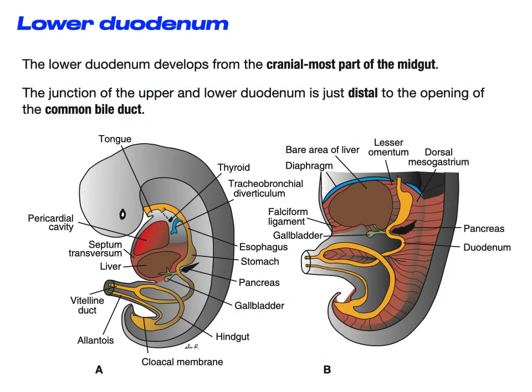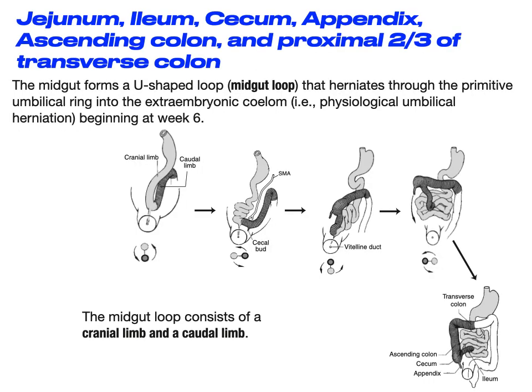So, the lower duodenum is the first part of the midgut and is connected to the foregut just where the Vater's ampulla is located. The Vater's ampulla is the opening for the common bile duct. The midgut, as we mentioned, also gives rise to the jejunum, ileum, the cecum, appendix, ascending colon, and the proximal 2/3 of the transverse colon.